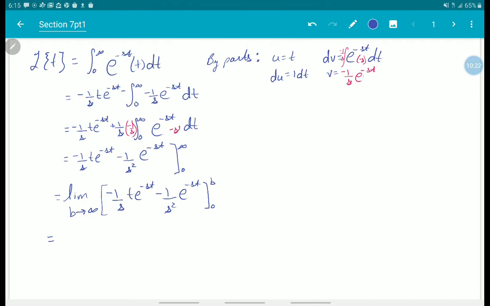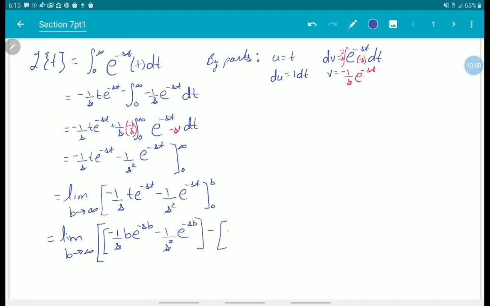But I wanted to do the by parts first in the integration. So now if we do that fundamental theorem of calculus, remember these are going in for t. So we have negative 1 over s times b e to the negative sb minus 1 over s squared e to the negative sb.